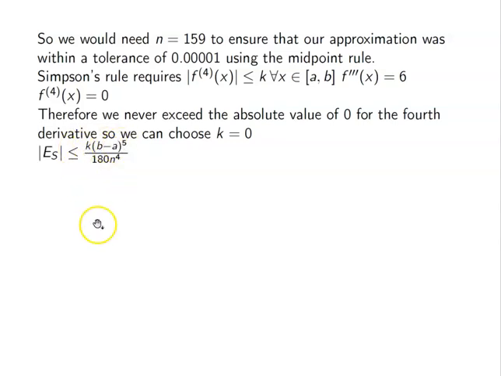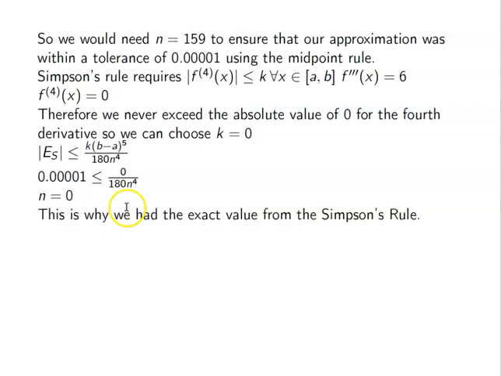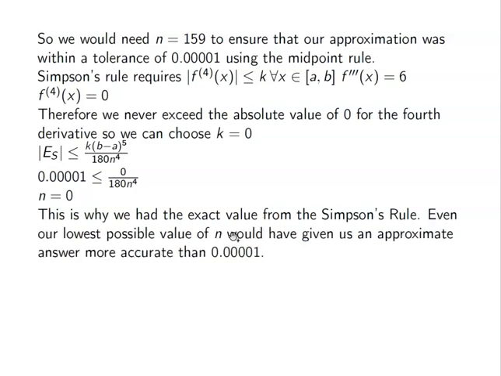So this whole top part just turns into 0. So how many n's do I need? 0, because I'm exactly right. I got the exact value from Simpson's rule. Remember, n has to be at least 2. So even the lowest possible value of n would give us an approximate answer more accurate than 0.00001.